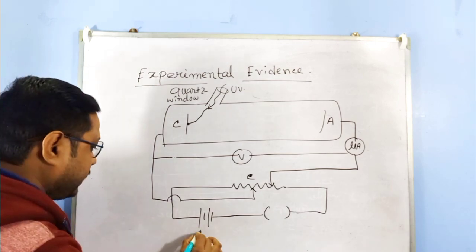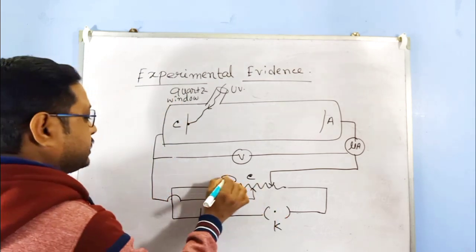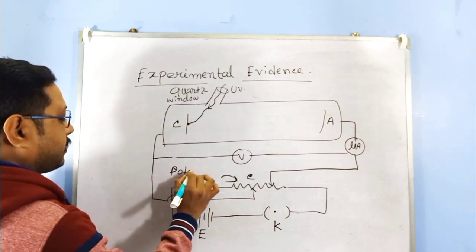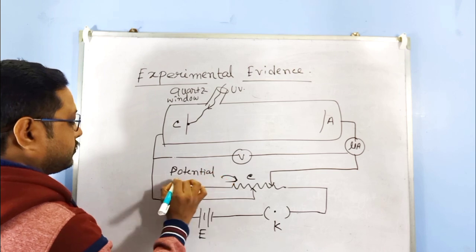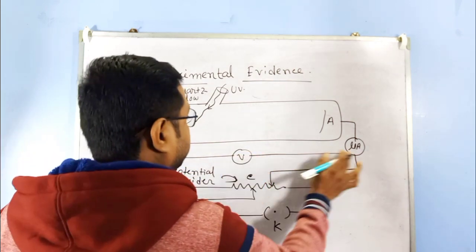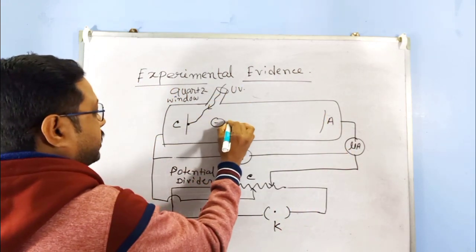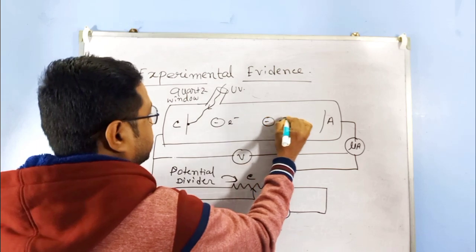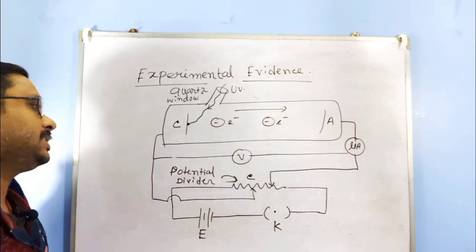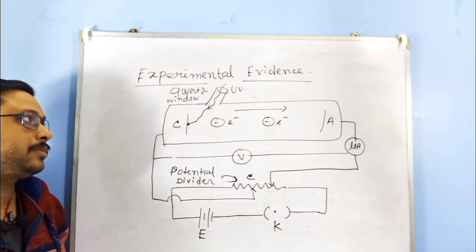This is the high tension battery, say E, and this is key K, this is the potential divider, and this is the voltmeter, ammeter, anode, cathode, and ultraviolet radiation, and electrons come out from this and go in this direction. This is the basic experimental apparatus of the photoelectric effect.